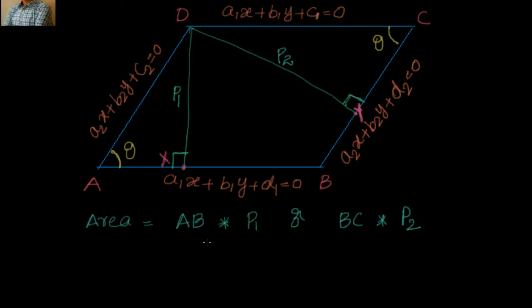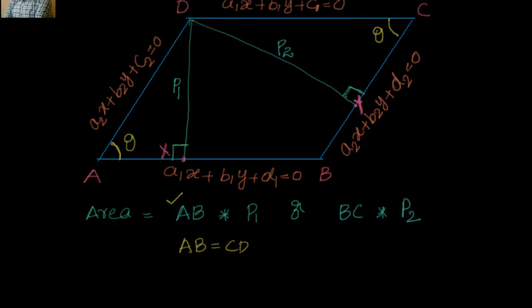Now let us stick to first how we want to calculate the area. We want to calculate the area by AB into P1 or BC into P2. Any one you can pick. Let us say I want to calculate the area by AB into P1. You know that AB is equal to CD.